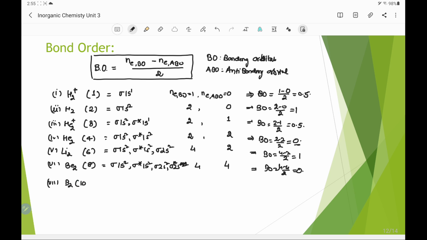It will have 10 electrons. Its configuration will be sigma 1s2, sigma star 1s2, sigma 2s2, sigma star 2s2, and the next 2 electrons will go into the pi orbitals, that is pi 2py1 and pi 2pz1. These pi orbitals will be of the same energy.